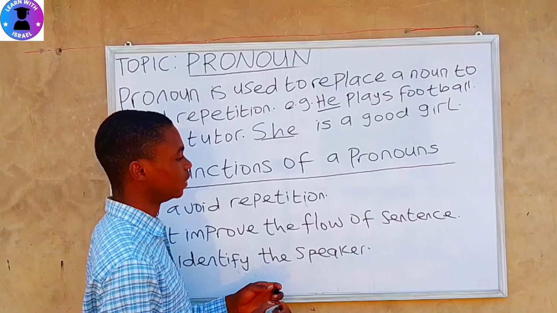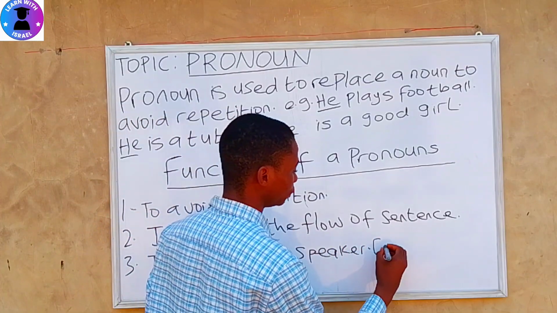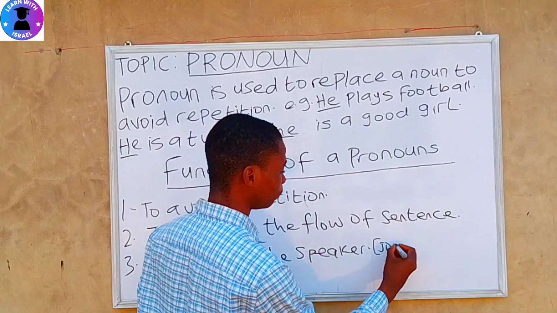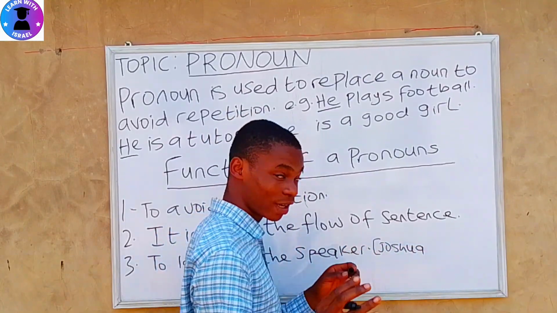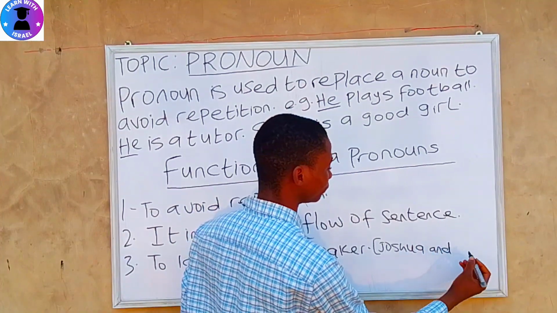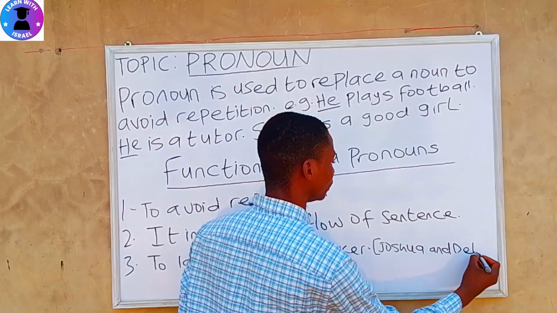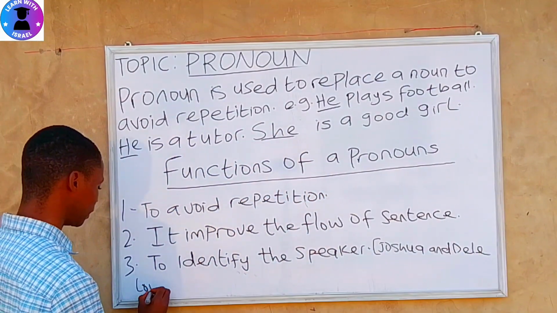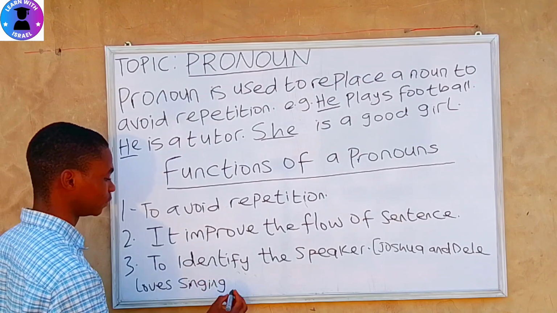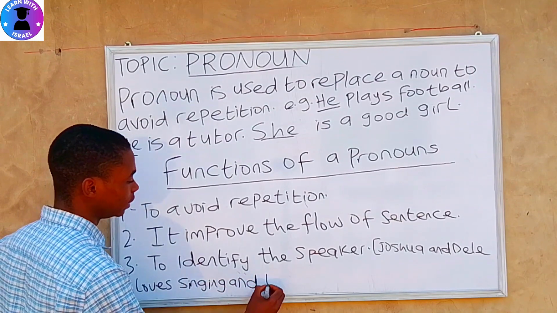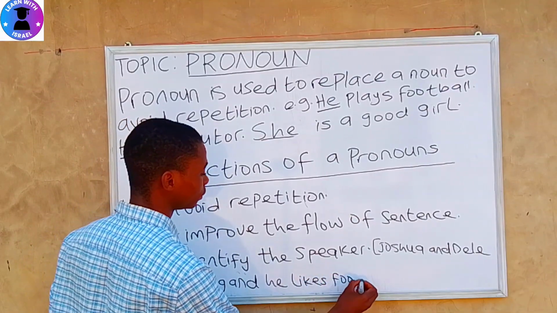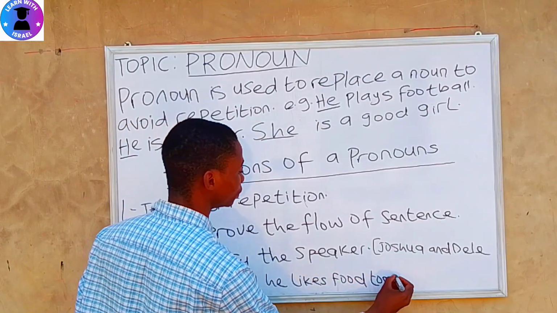For example, if you say that Joshua, I want you guys to be very attentive here. Joshua and Dele love singing, and he likes food too much.